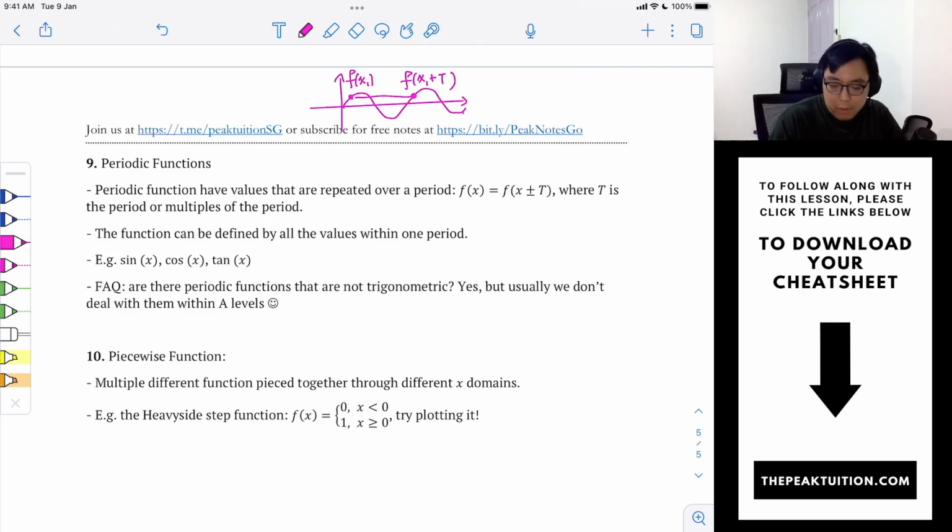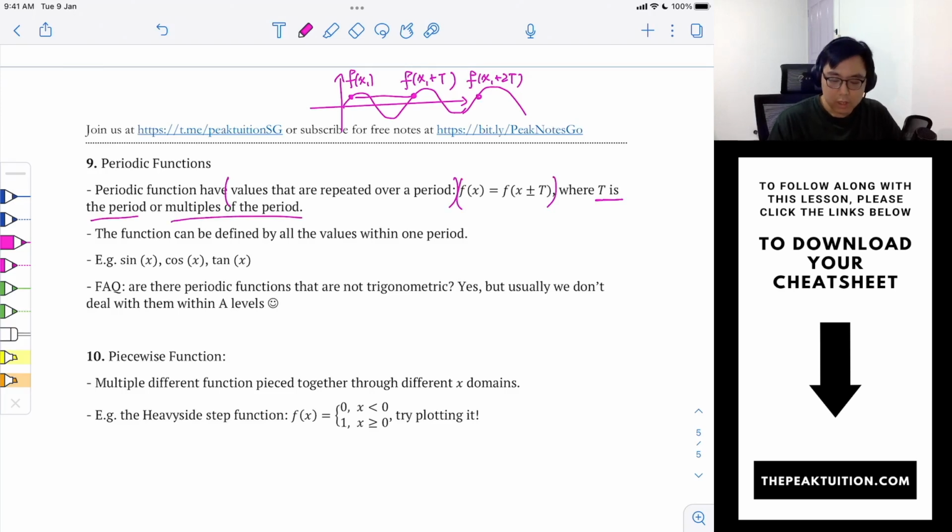So what I mean by a multiple of a period is, let's say the graph continues somewhere, then this one is f(x1 + 2T). You still get the same value, right, of f(x1 + 2T). So that's what I mean by saying that the values are repeated over a period, and f(x) equals f(x ± T), where T is a period or multiples of the period.